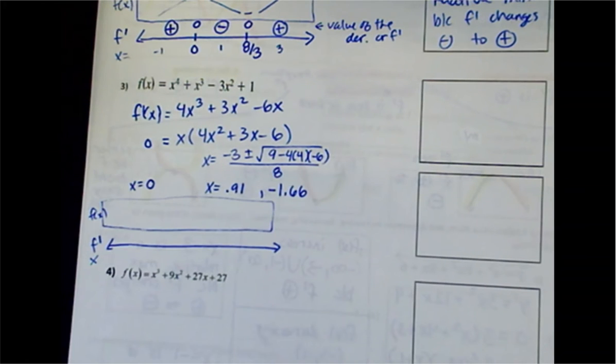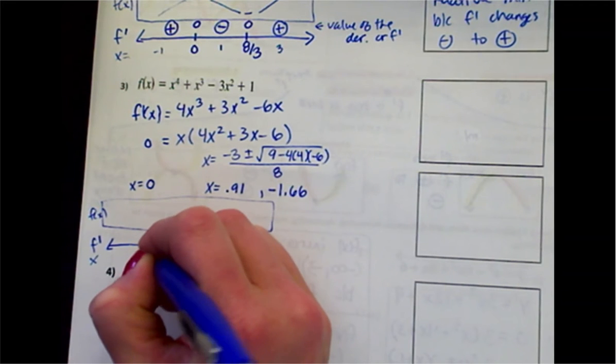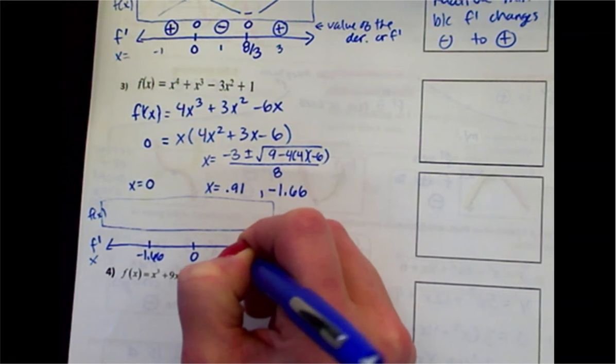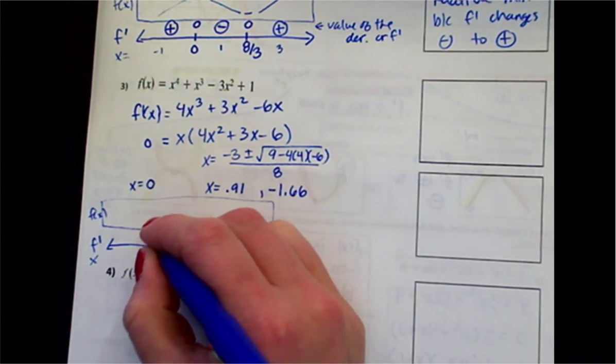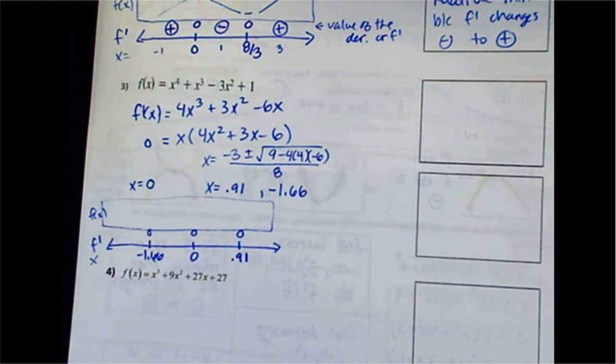Okay. All right, so this time I have 3 numbers. 3 tick marks. That's okay. Just put them in order. Now it's a polynomial.